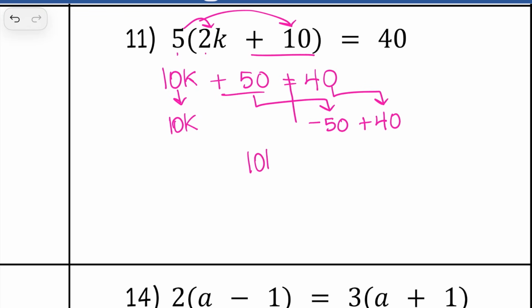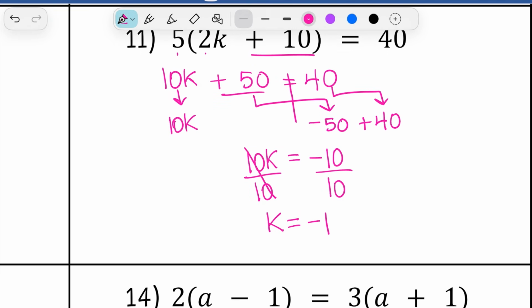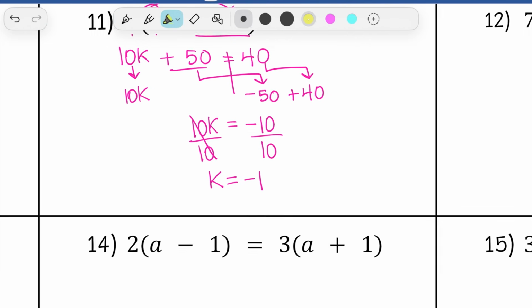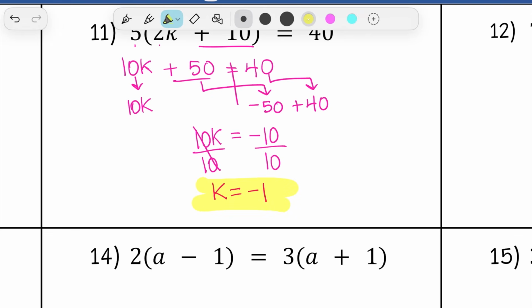So you're left with 10k on the left. On the right, that says negative 50 plus 40, so that's negative 10. Now we'll finish it off by dividing both sides by 10 because that was the coefficient of k. Negative 10 divided by positive 10 is negative 1. So we end up, oops, sorry about that, with k equals negative 1.